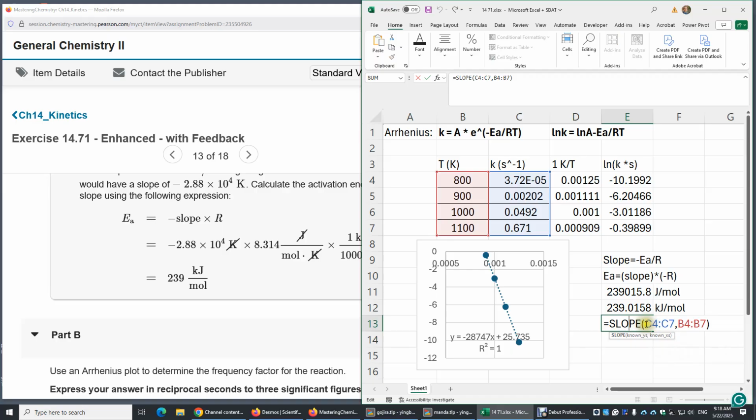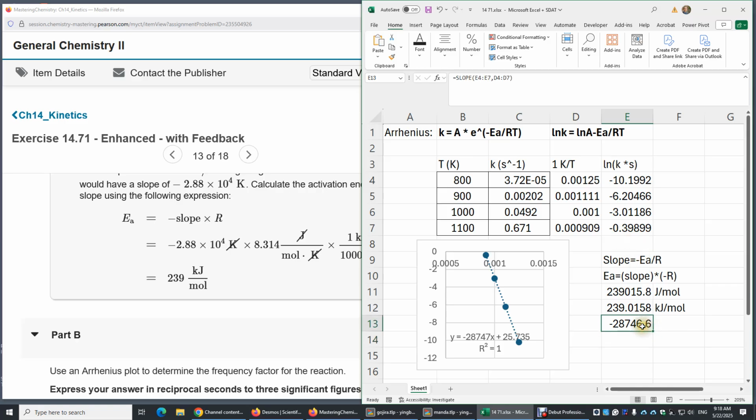Oh, I'm sorry, we need to switch this. Slope here. Sorry about this, I forgot to use Ln K versus 1 over temperature in Kelvin. Alright, so that was a mistake.